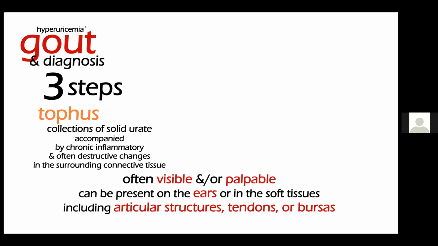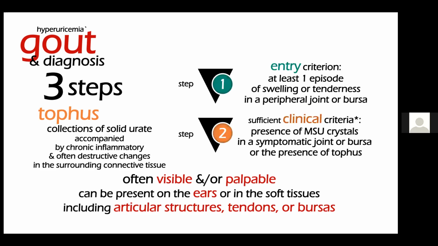And long before the blood comes back, if we did examine our patient properly, and if we have taken the history that is suggestive of flare, we can already diagnose gout at this step.